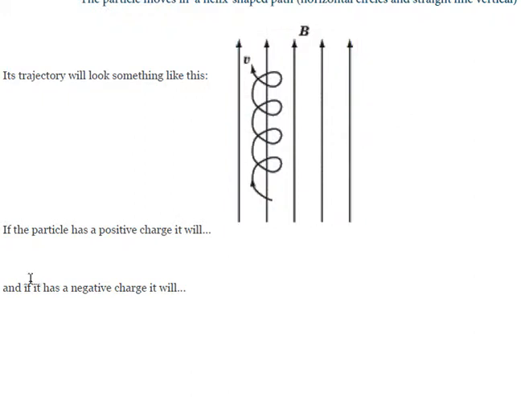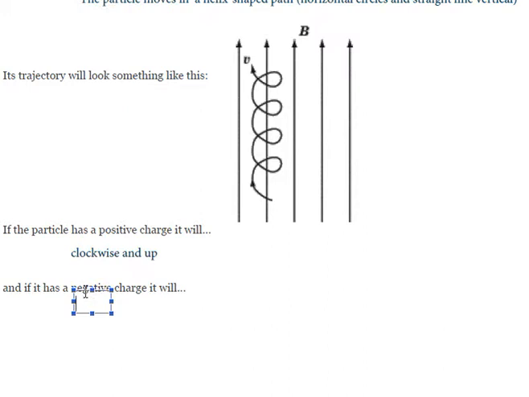If we have a positive charge, it moves down here, up here, down here, up here. If you think about these circles as a clock, it would be going in the same direction, so it would be moving clockwise and up.